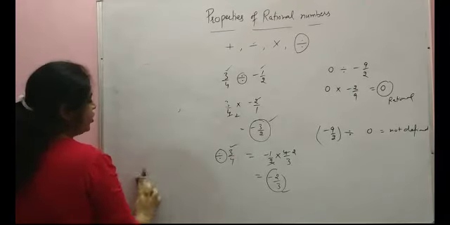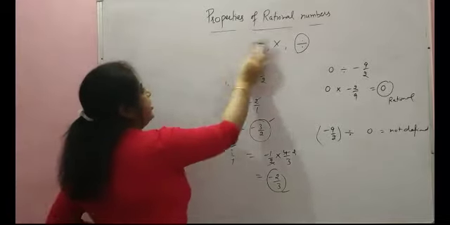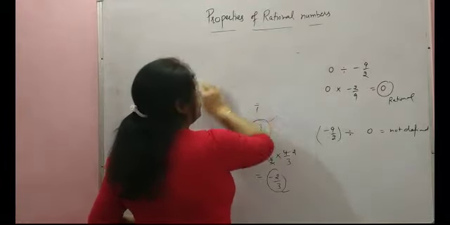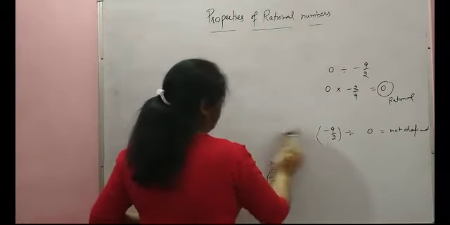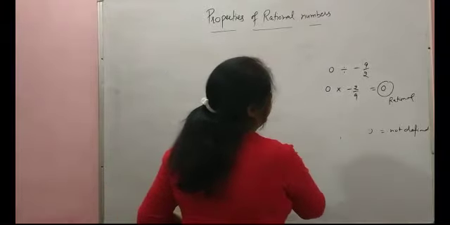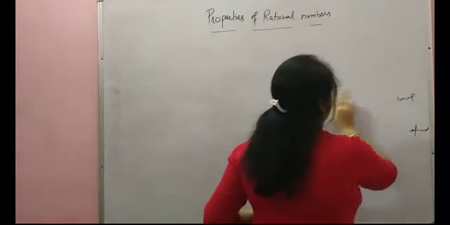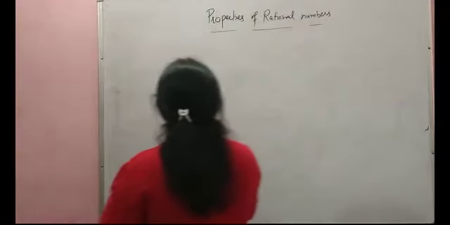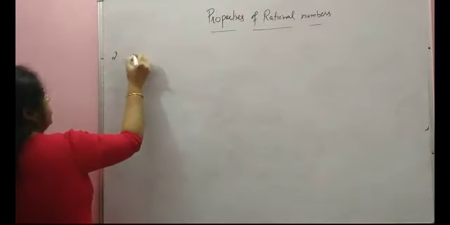Now we will talk about the next property, that is commutativity, or the commutative property. So the second one is commutativity.